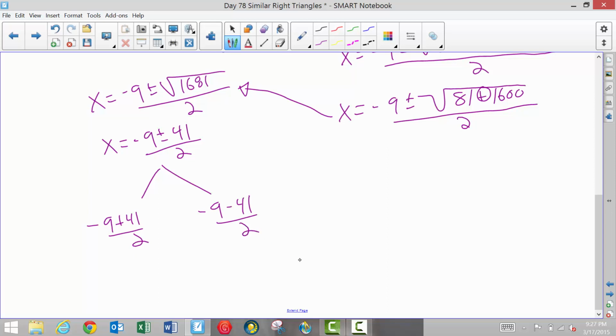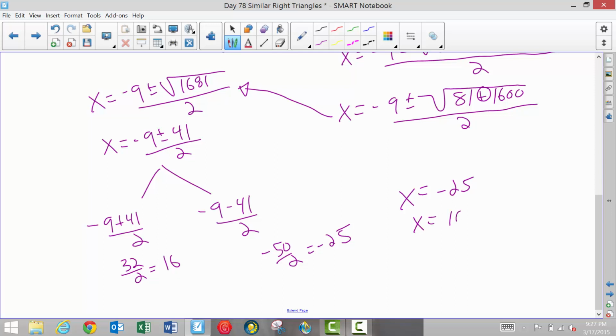So if I do 41 minus 9, this is 32 over 2, which gives us 16. Negative 9 minus 41 is negative 50 over 2, which is negative 25.